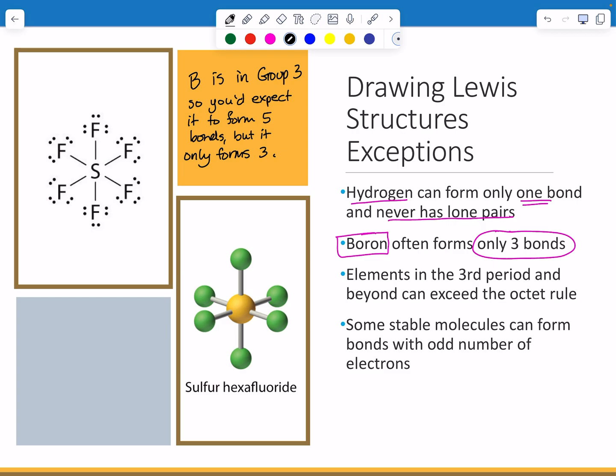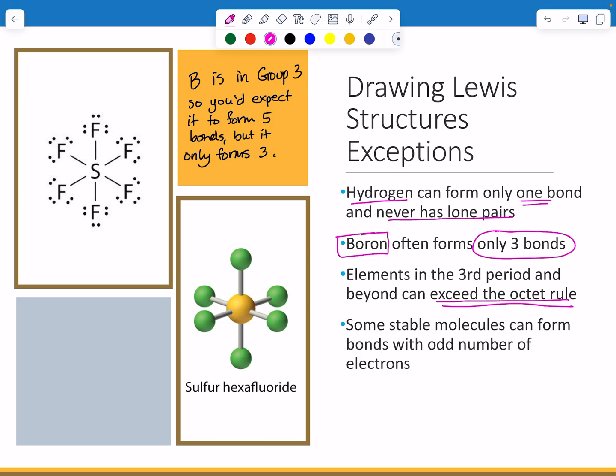All right. So when we get to the third period, the 3rd row, you can go beyond the octet rule. We'll look at a couple of examples of that. Sulfur is in the 3rd row. Sulfur is in group 6. So by all accounts, sulfur should participate in how many bonds?